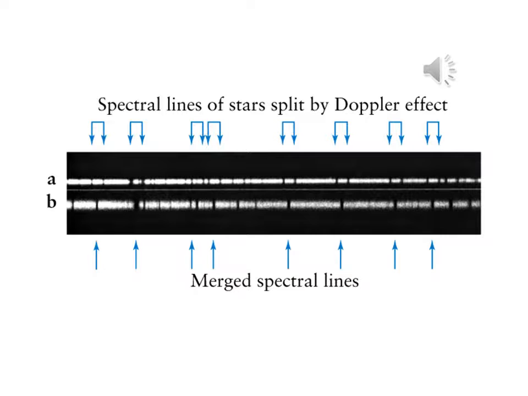This is an example of what happens when two stars revolve around each other. The strip should be in color, a Roy G. Biv again, but rather than having continuous color with one type of line, you have pairs of lines.